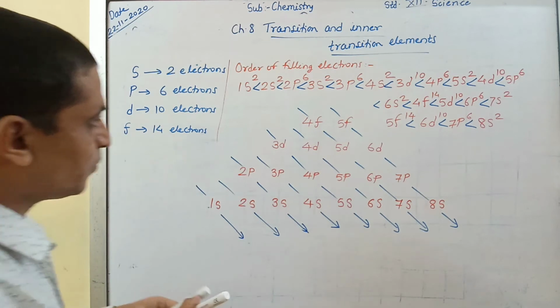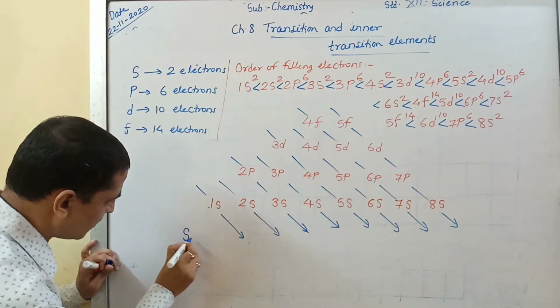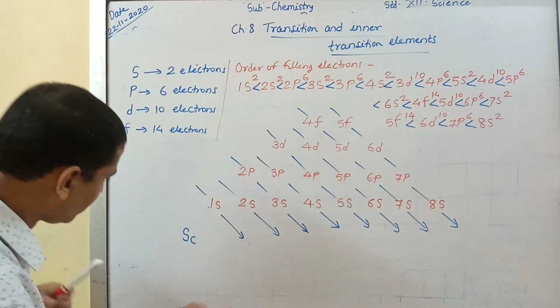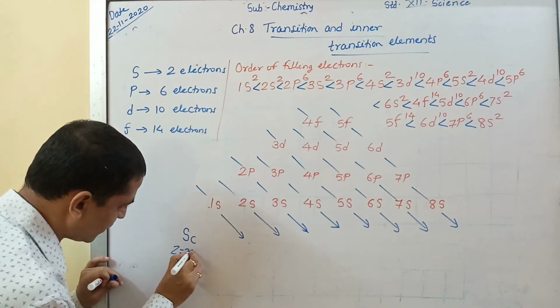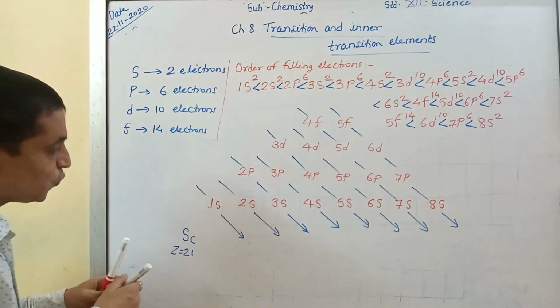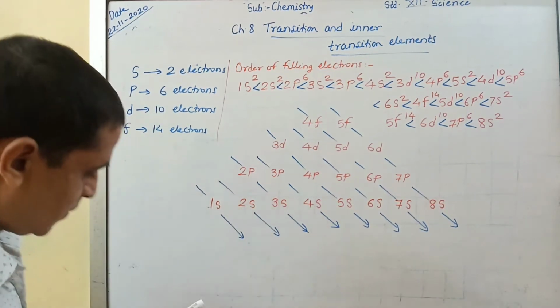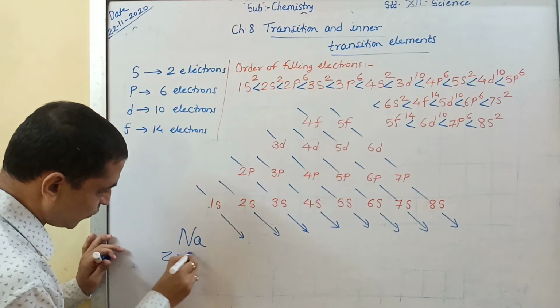Let us consider one example. Take scandium, Z is equal to 21. Before going to study scandium, we can consider a simple example, that is sodium. For sodium, Z is equal to 11.